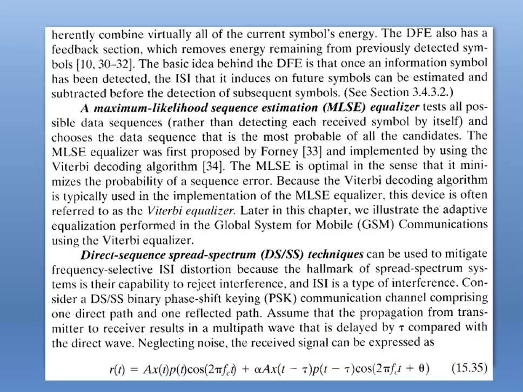And method number 2, the maximum likelihood sequence estimation equalizer, is the second category of equalizer. It tests all possible data sequences rather than detecting each received symbol by itself, and chooses the data sequence that is most probable of all candidates.